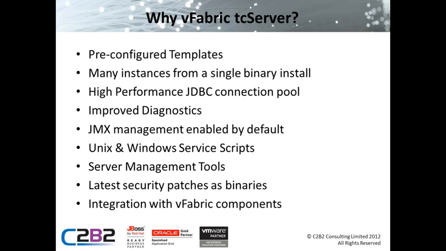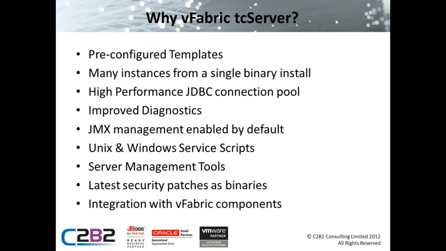So first, from tcServer, we get pre-configured templates. These are standard builds of Tomcat server split away from the Catalina base directory. So you get your normal Catalina base directory, and then you get pre-configured templates to build new Catalina homes for different tcServer nodes.